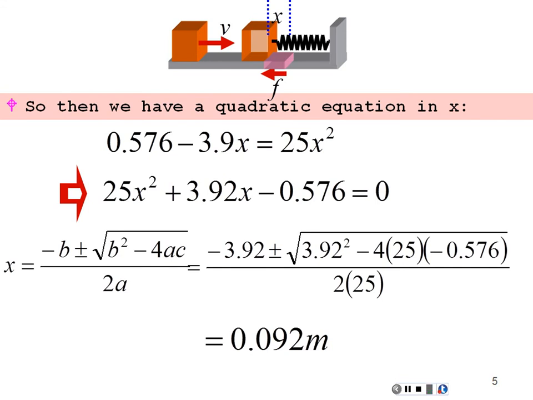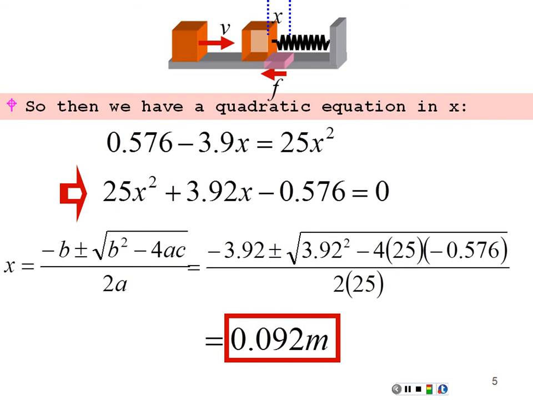We don't want the negative answer, because only the positive answer will make sense in this situation. The negative answer would be the spring going in the opposite direction, and it can't do that as it's compressing the spring. So we take the positive answer, 0.092 meters. Because we had friction, it didn't go quite as far.